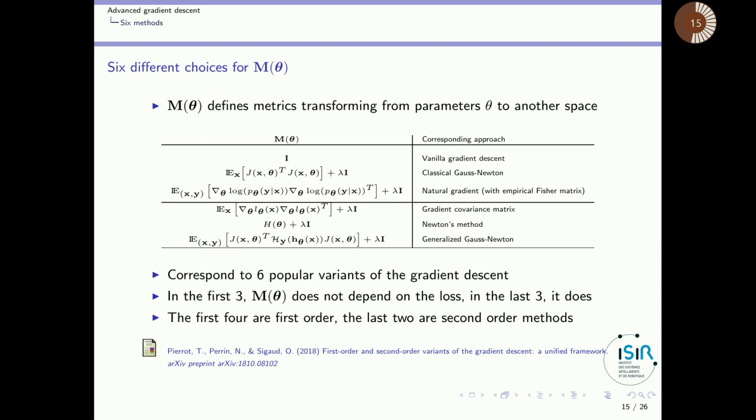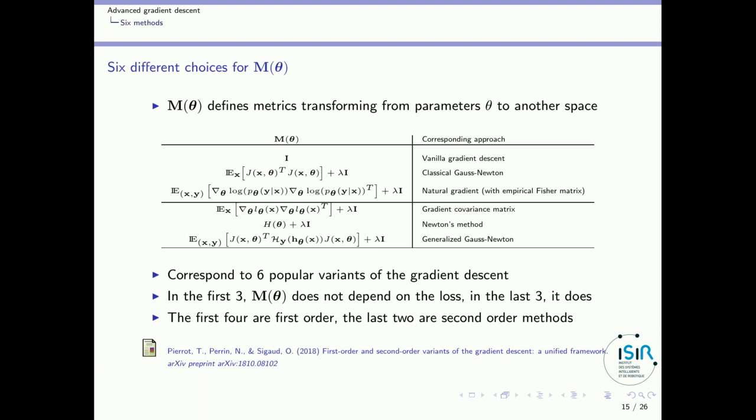What I will show you in the next slides is that I can take different values for M of theta. If I take M of theta as the identity, I go back to vanilla gradient descent. That's what I just said. If I take that particular matrix for M of theta, I get classical Gauss-Newton.